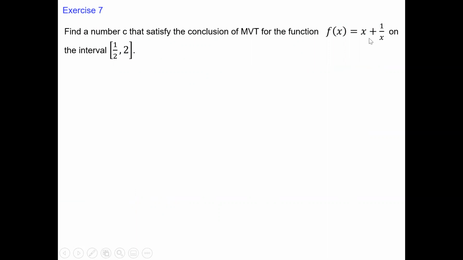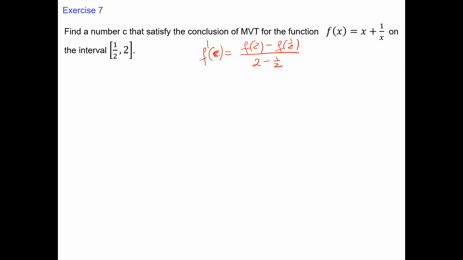Continuous function, differentiable function. 0 is a problem, but we're not looking at an interval which includes 0, from 1/2 to 2. Okay, so we have f of 2 minus f of half over 2 minus half.